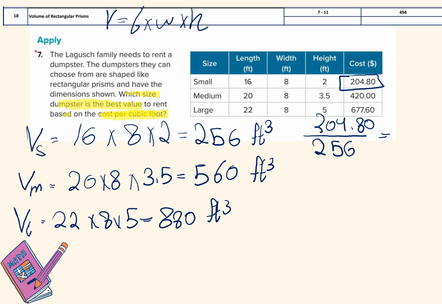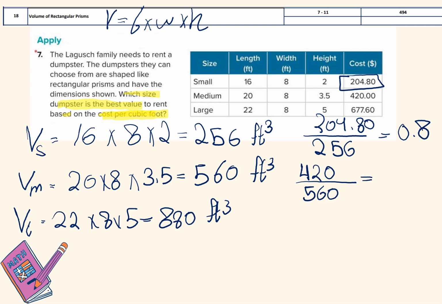Okay, I'll get 0.8. And then for the medium, we are going to divide the cost, which is 420, by 560.